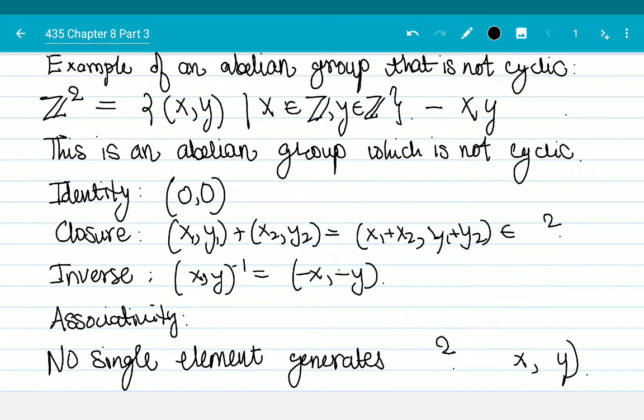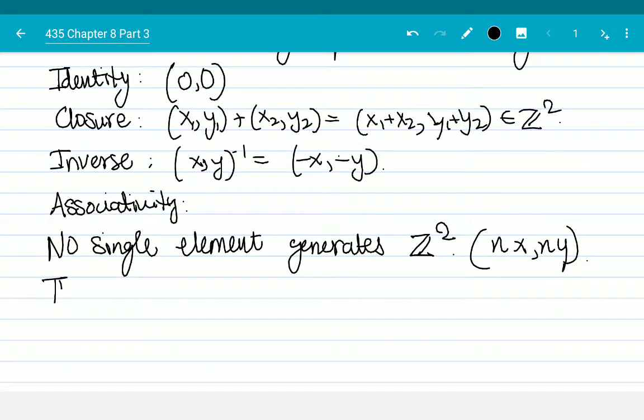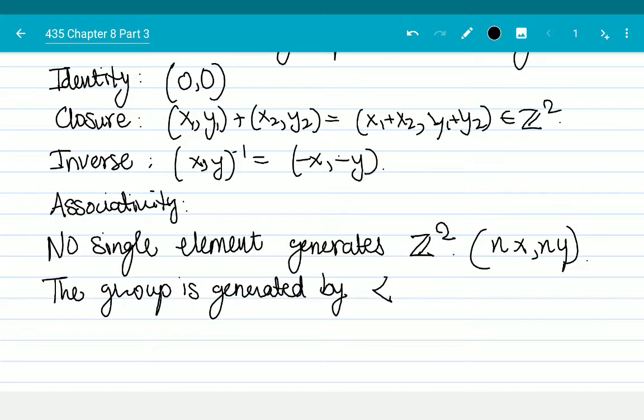Every (x, y) belongs to Z2 and generates Z2, which is (nx, ny). Right? The group is generated by (1, 0) and (0, 1) together.